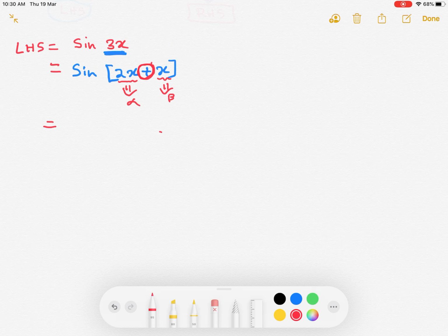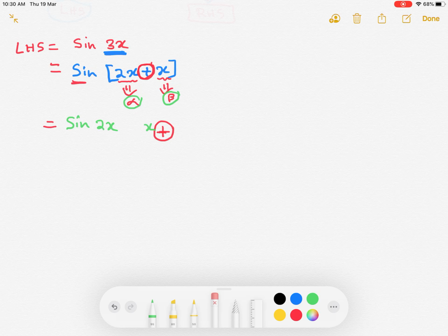So what will be the formula? This is the sum formula. So for the sine function, the sign will be the same, plus. Now sine alpha means 2x, beta means x.